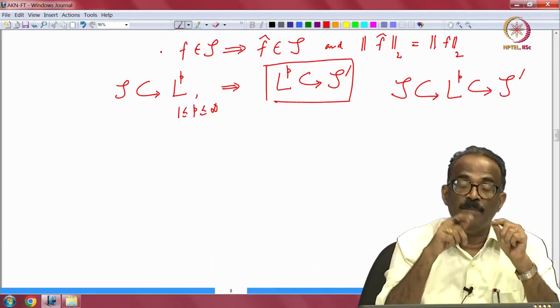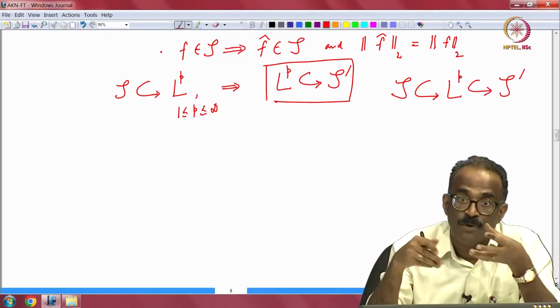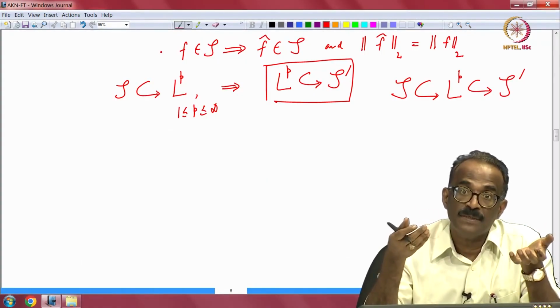Now you can define the Fourier transform on zeta prime, the elements of tempered distributions.